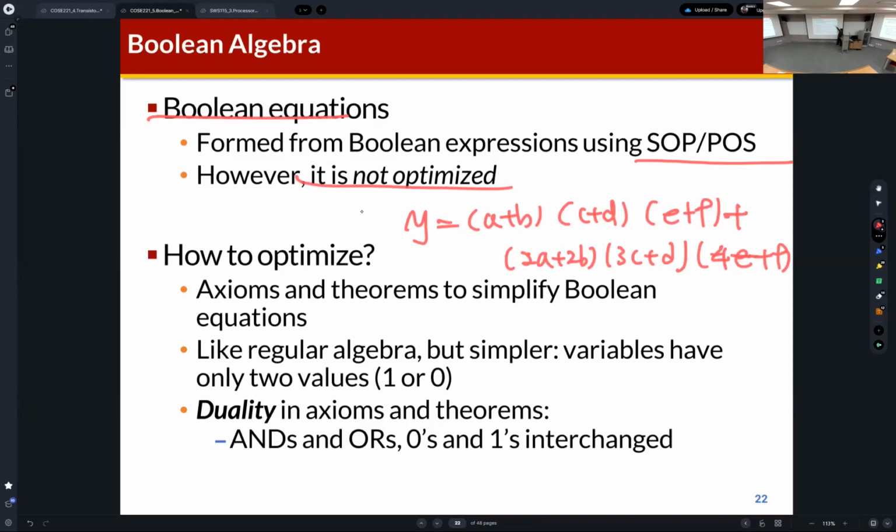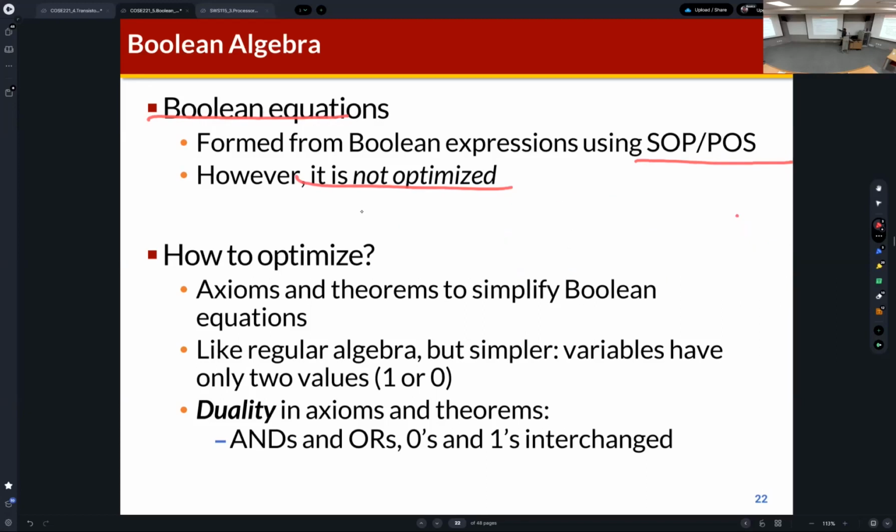There are 6 inputs, 6 terms, but this equation is not optimized. It's not a short form. It's the same for Boolean equations. We learned how to generate Boolean equations using SOP or POS forms, but these equations are not optimized.